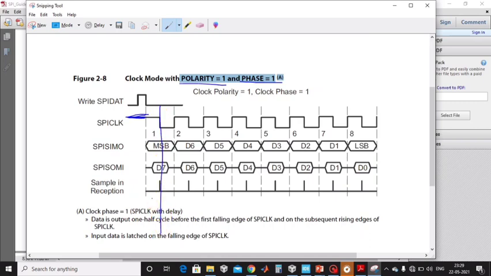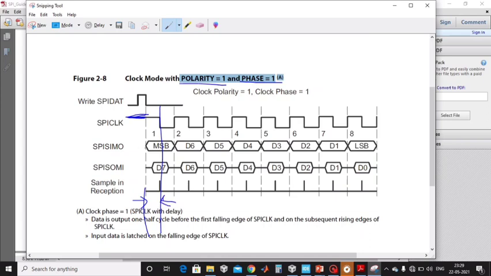So this is 180-degree, that means half cycle. So what conclusion can we make on this timing diagram? The conclusion is clock polarity is 1, meaning the default state of the clock is 1, clock phase is 1, that means the clock is 180-degree delayed from this data.